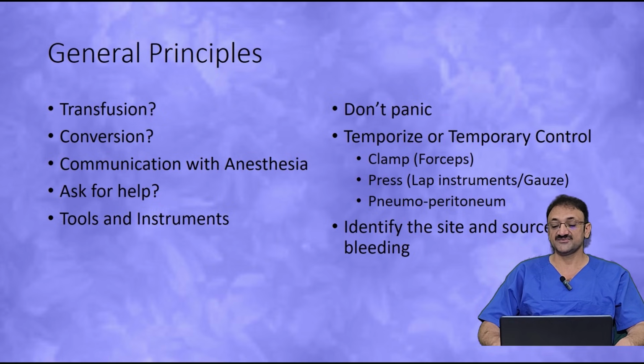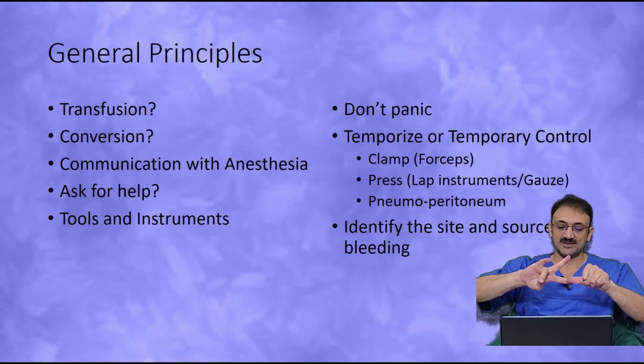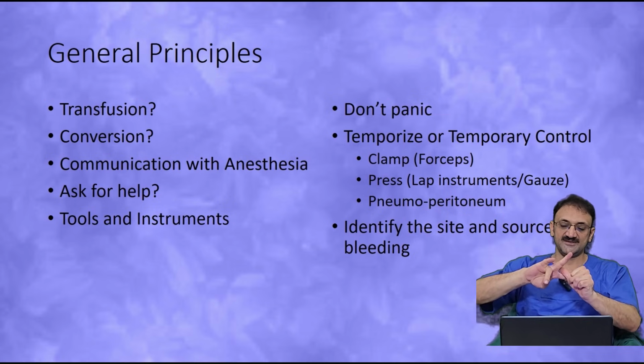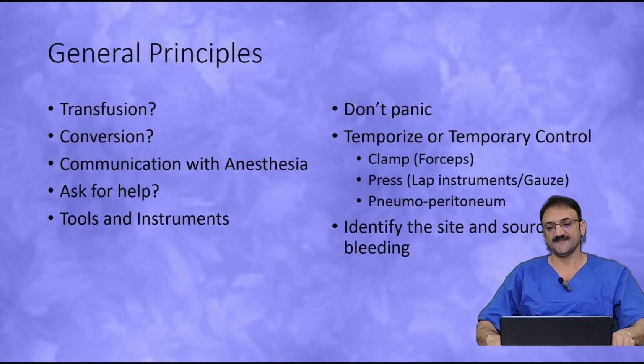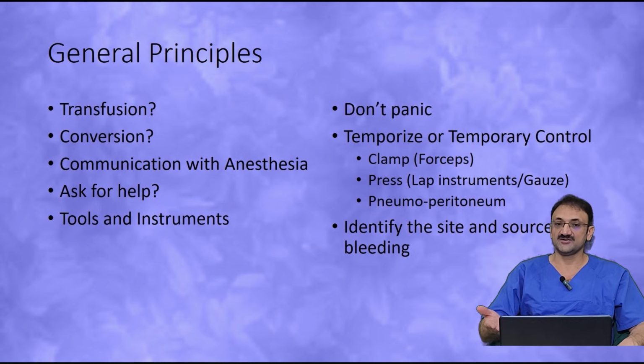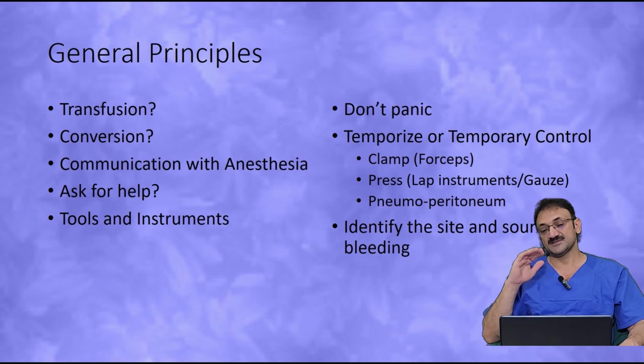And you must identify the site and source of bleeding, whether this is a major vessel, whether it is IVC, or is it a right renal vein, or is it the junction or the angle of the renal vein and IVC, because it is going to be a different management for that. Is it the avulsion of the gonadal vein from the inferior vena cava, or is it a partial avulsion, or is it a complete avulsion?